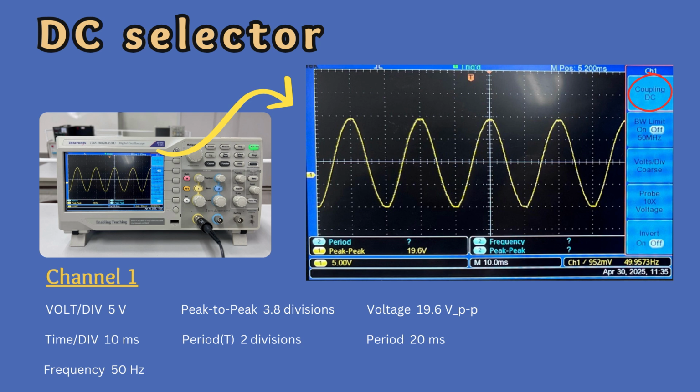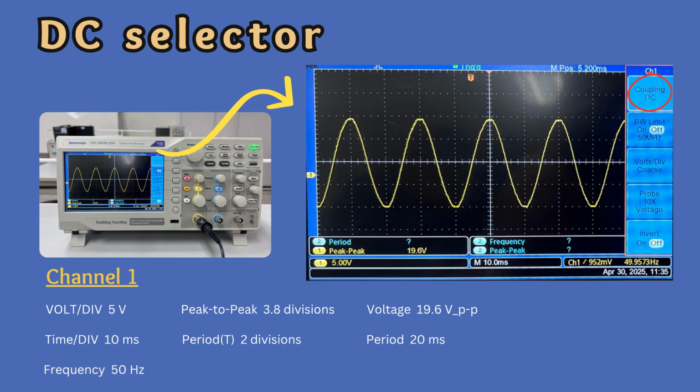The distance between them is 0.2. If we count for the peak to peak, it's gonna be 3.8 divisions. And if we multiply with 5 volt, the voltage division, we will get the voltage about 19.6 volts.